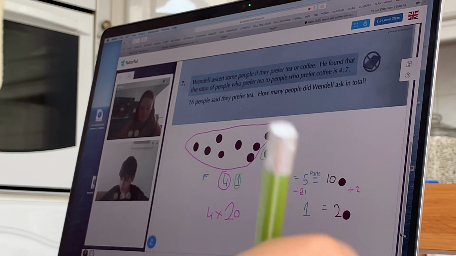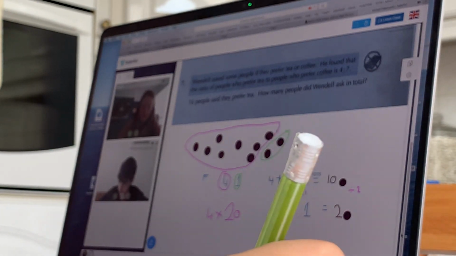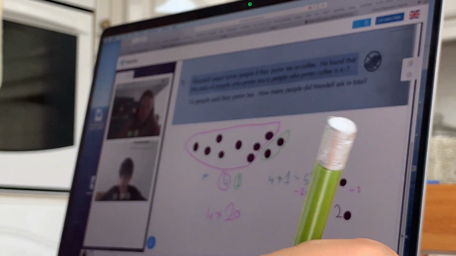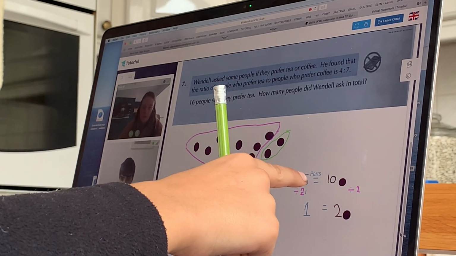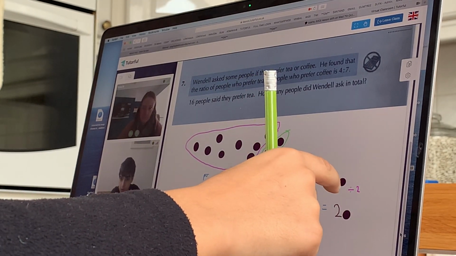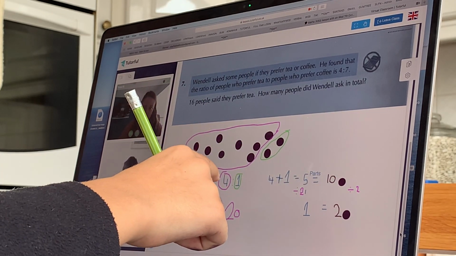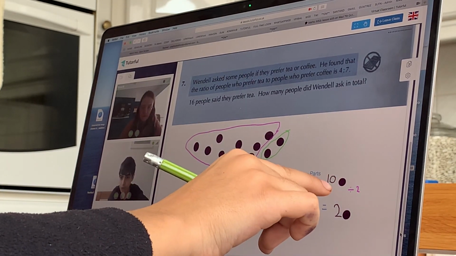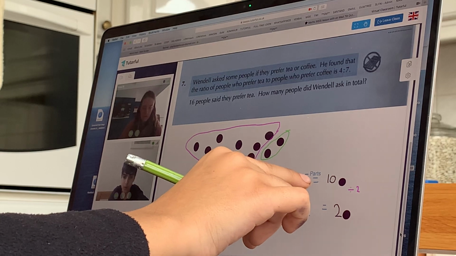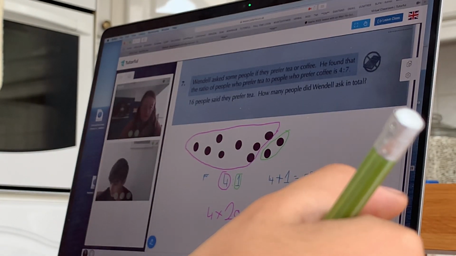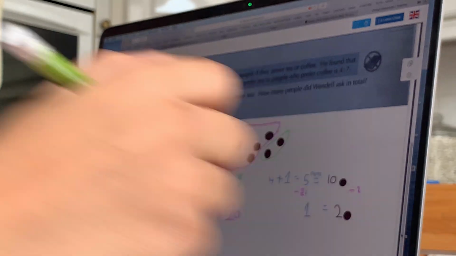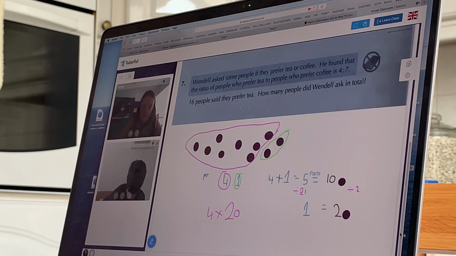Divide 24 by 2, which is 12. Because what we did before, half of 10 is 5, and 24 divided by 2 is 12.